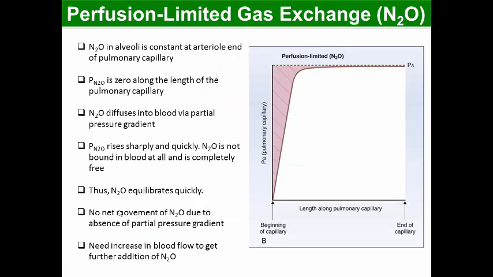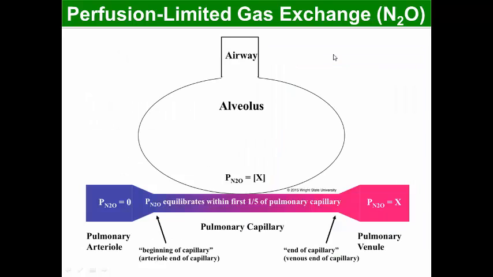The transport of nitric oxide across the respiratory membrane is also perfusion limited, as we just mentioned in the previous slides. In fact, nitric oxide takes a shorter distance and less time even than oxygen to get equilibrated between the blood in the pulmonary capillaries and the air in the alveoli.